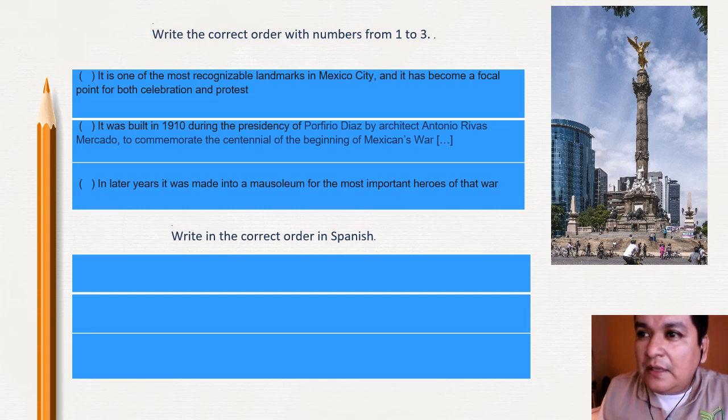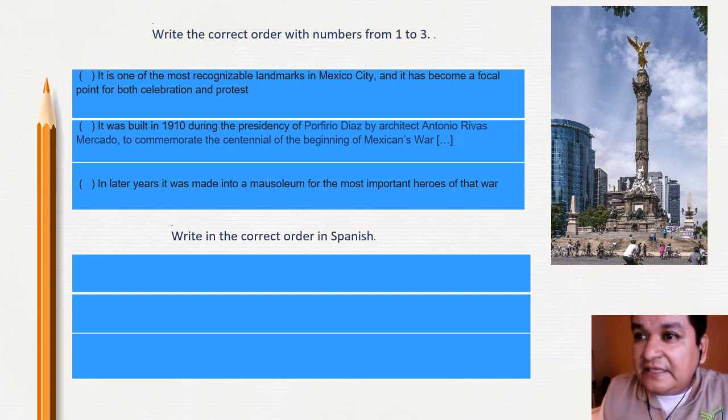Es uno de los monumentos más reconocidos en la Ciudad de México. It has become, este se ha convertido en un punto focal para ambas celebraciones y protestas.